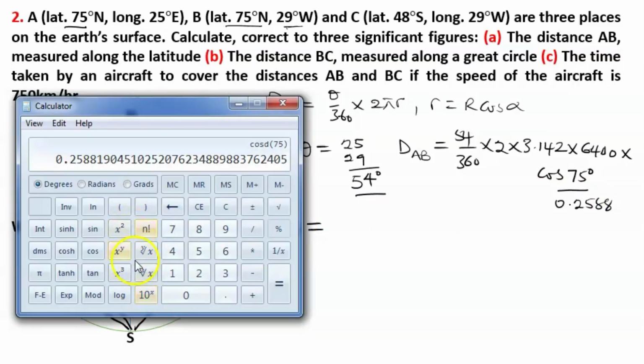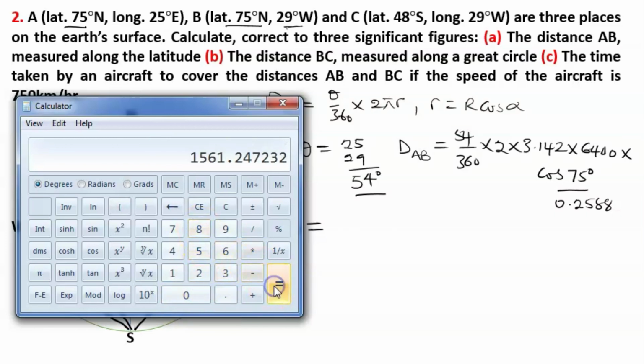All right, so let's quickly do that. 54 divided by 360, then multiply by 2, multiply by 3.142, multiplied by 6400, and then finally multiplied by 0.2588.